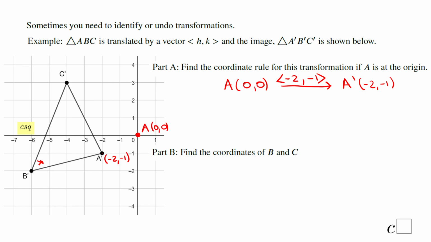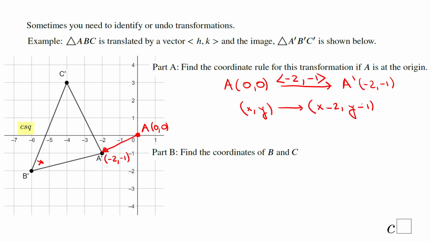So this is the vector. That will move left 2 units, down 1 unit. Okay, so if you want to write a rule, that will be an algebraic rule instead of a vector. That will be this: x minus 2, y minus 1.